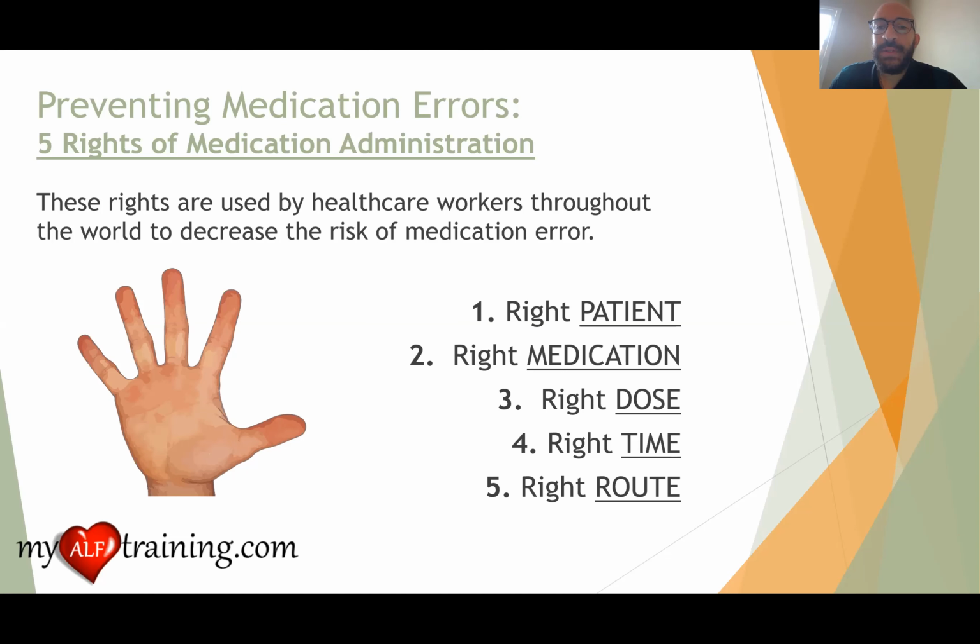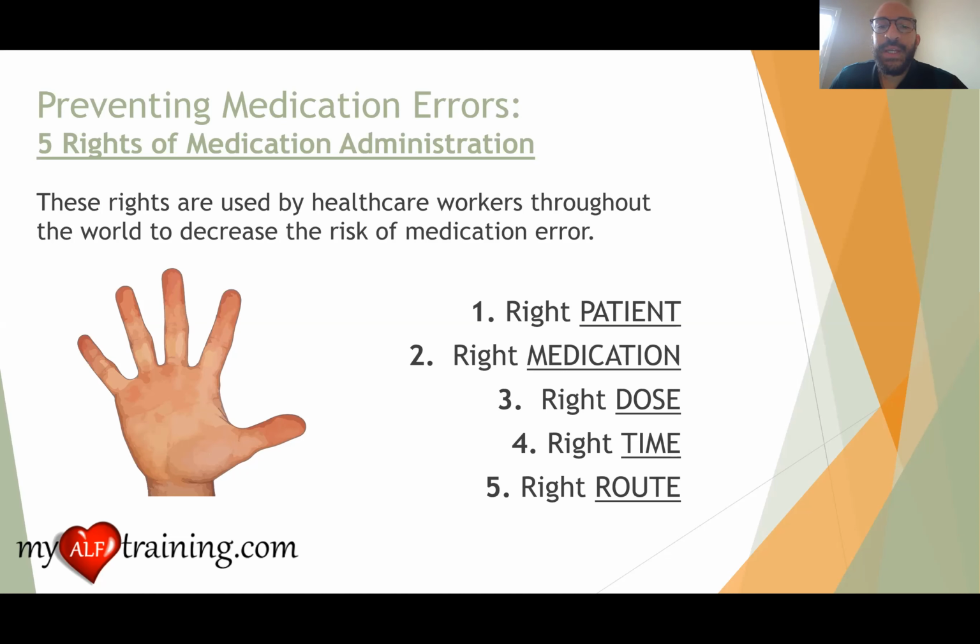Is it the right time for the patient? I check the doctor's orders. I check my watch, and is it the right route? Right route is the only one that gets a little tricky because sometimes an IV might not be working. Sometimes the patient might be nauseous and might not want to take the medication by mouth. So that's the only one for me that gets a little tricky.